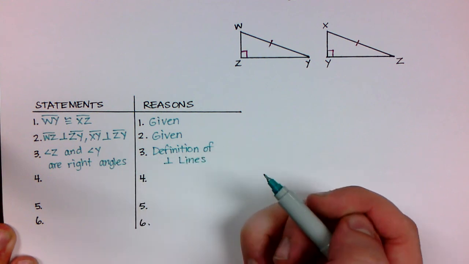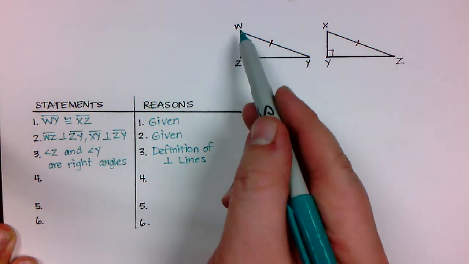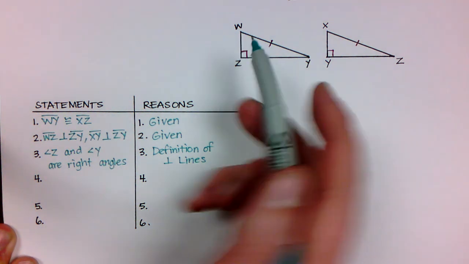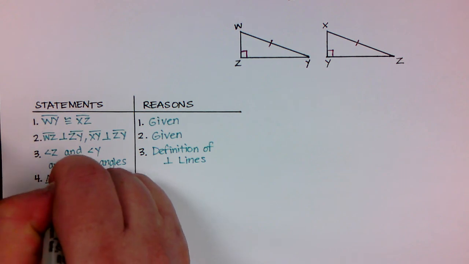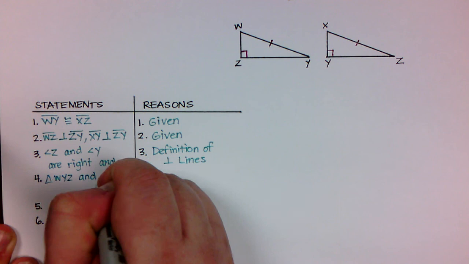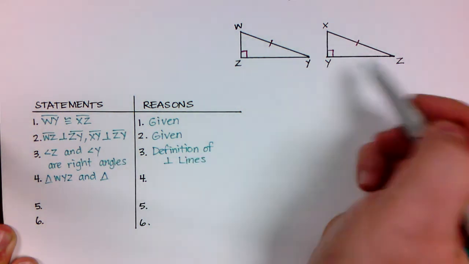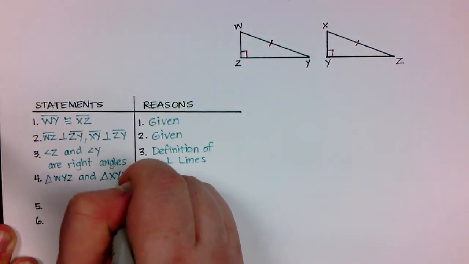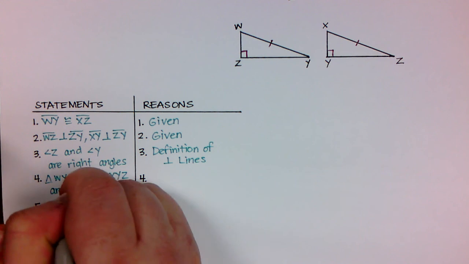Okay, we're almost done. Let's see, what's next? Well, I can say that this triangle, triangle WYZ, and the other triangle, XYZ, are right triangles.